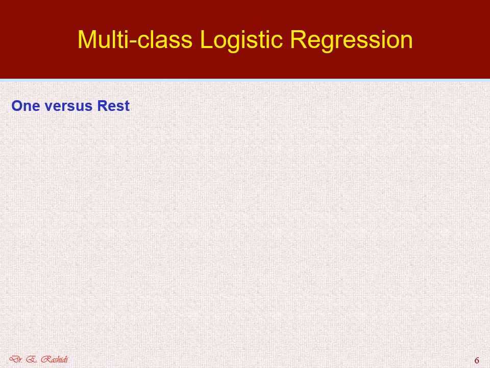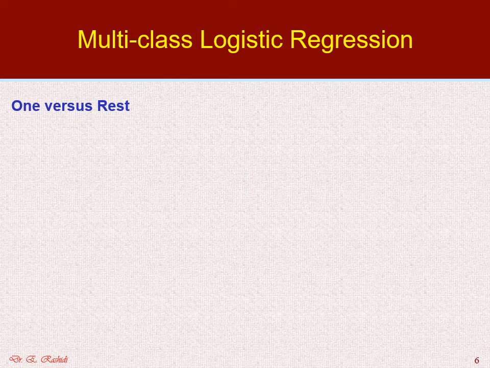So suppose that we have k different classes. For each of these classes, we're going to train a different logistic regression in which that specific class is considered class 1 and all the rest of the classes are considered class 0. Then we're going to do it for the next class and so on until we have covered all of the classes.